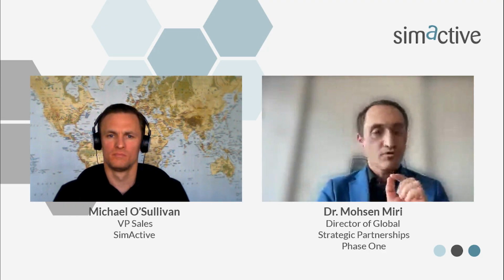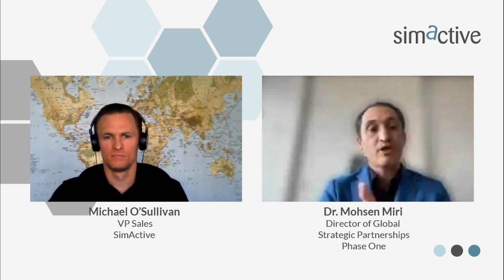Second would be own the workflow. That means after knowing that, you said, okay, I want to have it simple, I want to have it fast, and I want to have my end products with homogeneous and high quality outputs and results, right? This is what I really like about the workflow in SimActive.